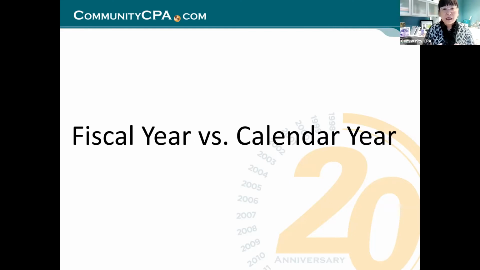So in this case, this swimming pool company's fiscal year actually ends after August. They extend it all the way to March, okay, to get that fiscal year extended.